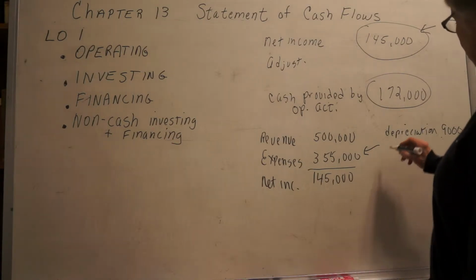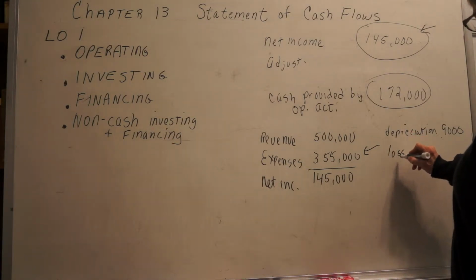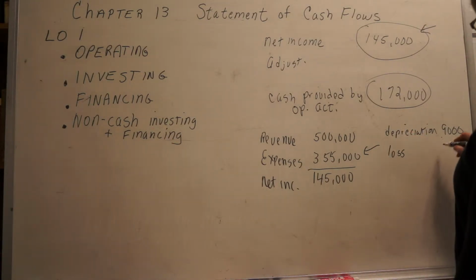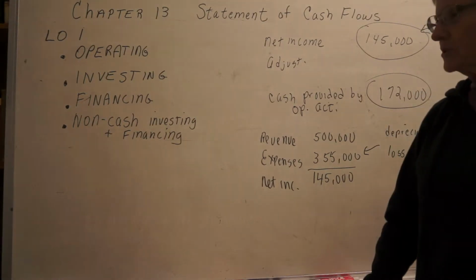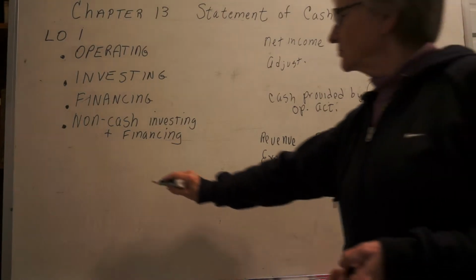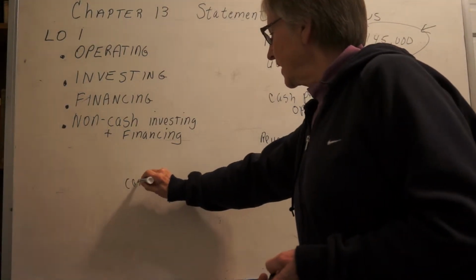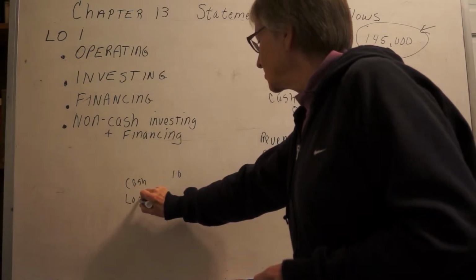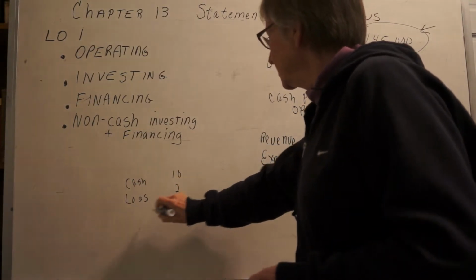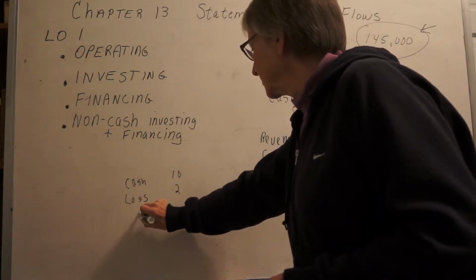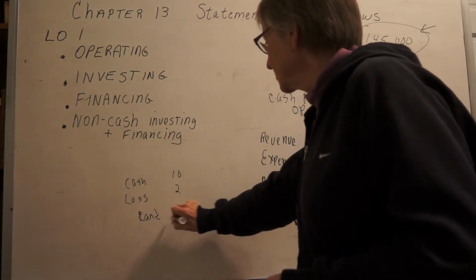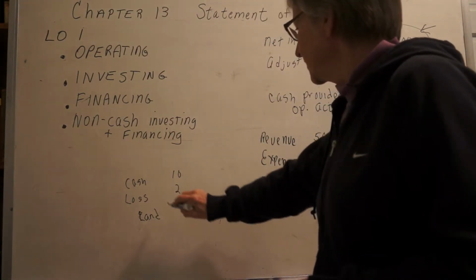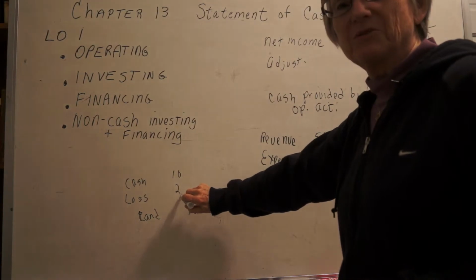And then the loss on the sale of assets was $3,000. Now, if you remember when you do a journal entry when you sell something, you could get cash of 10. You could have a loss of 2 because the equipment, or let's say land, cost 12. The loss does not involve cash.